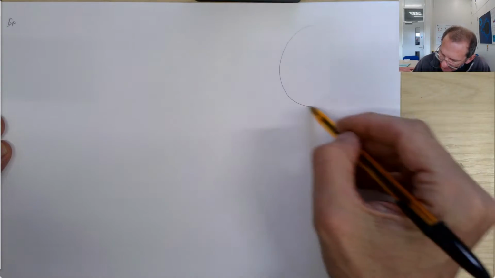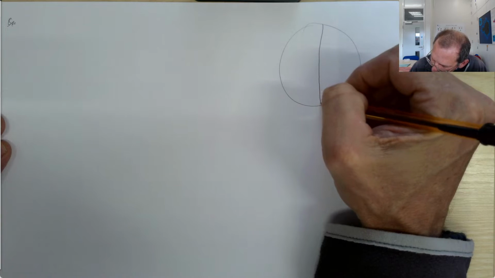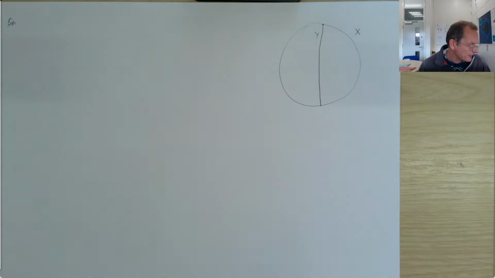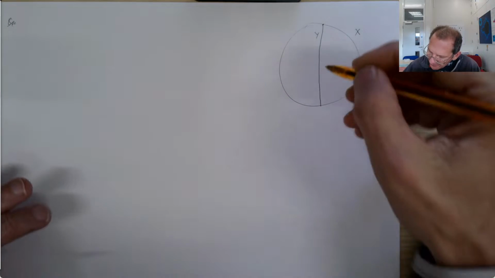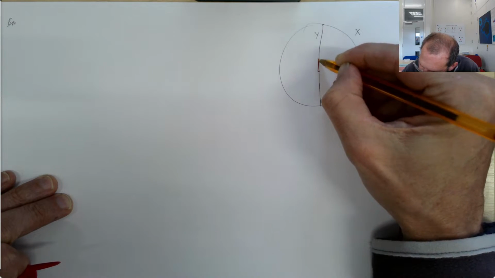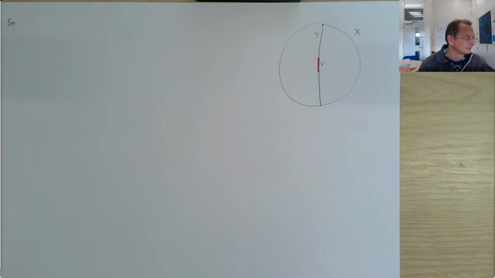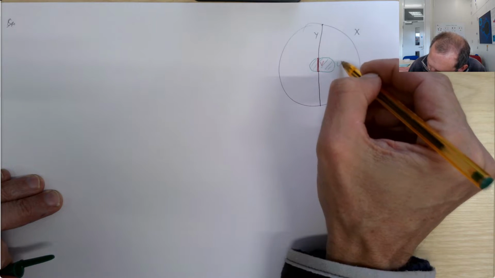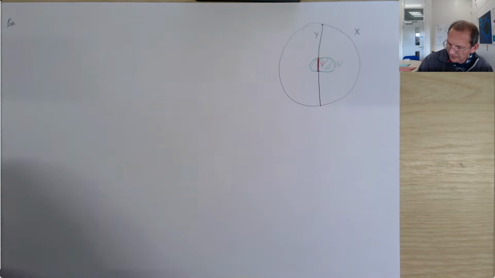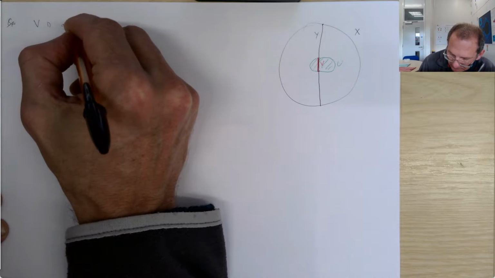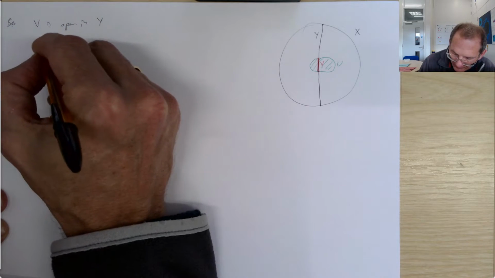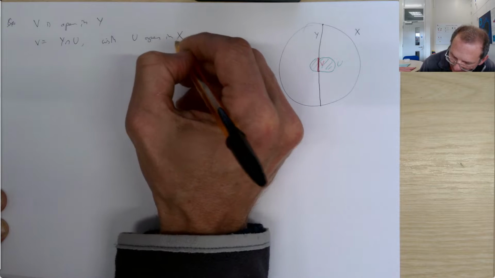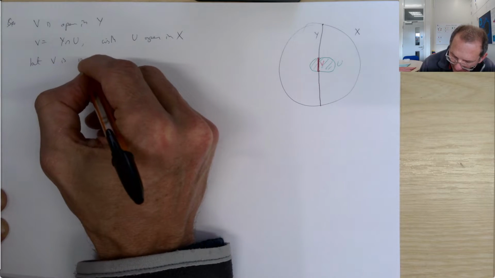Here's our X, say, and here's our Y. So this you might think of as a typical situation where Y is just some kind of thin subset of X, and here's a set V. So this V is open in Y, which means that it can be expressed as the intersection of some set with Y. V is open in Y, V is Y intersect U with U open in X, but V is not open in X.